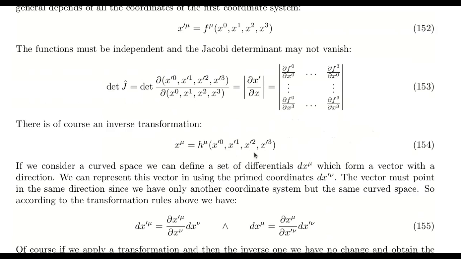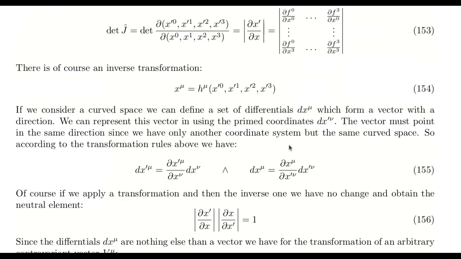In a former lecture, we had considered the example of a two-dimensional Cartesian coordinate system and polar coordinate system. We suppose we have a curved space. We can consider a vector of the differentials in the coordinates, dx mu.